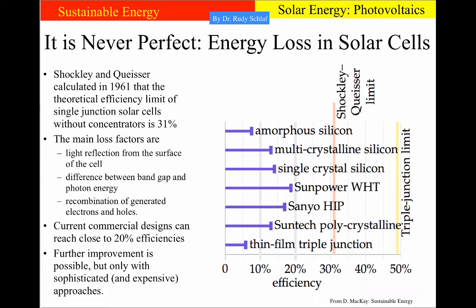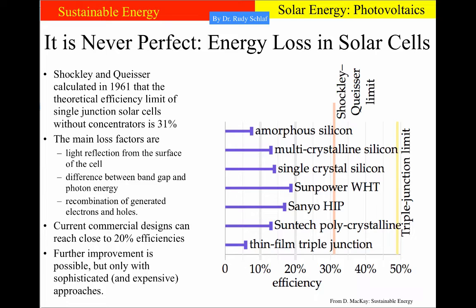Now it was calculated already in 1961 by Shockley and Queisser that for a single junction solar cell, and so that's the one that we just discussed, without concentrators, the efficiency is 31%. So we're losing 69% of the energy that's in the light, and we can only get 31% as electricity.